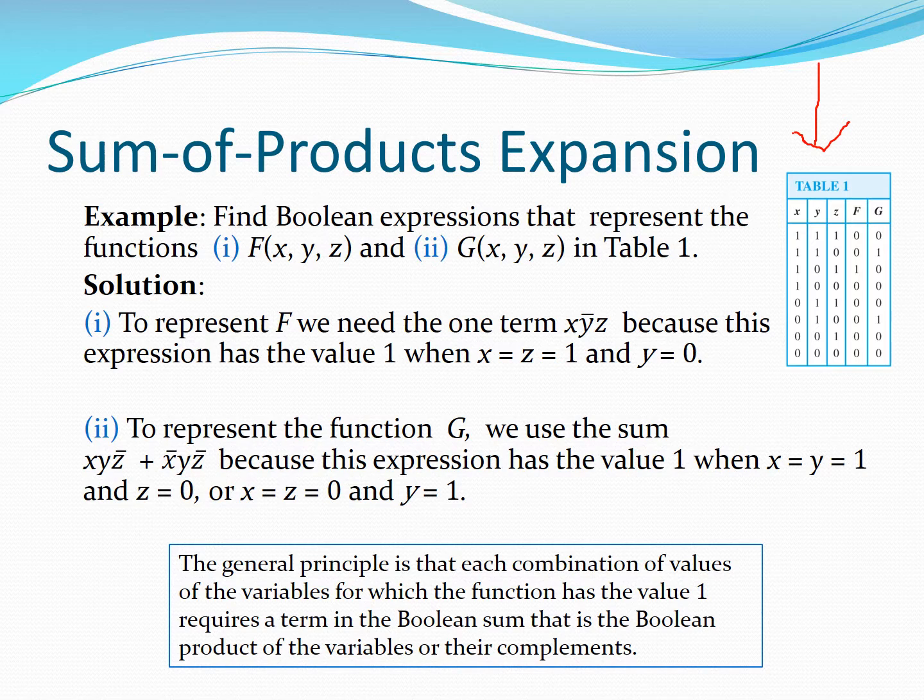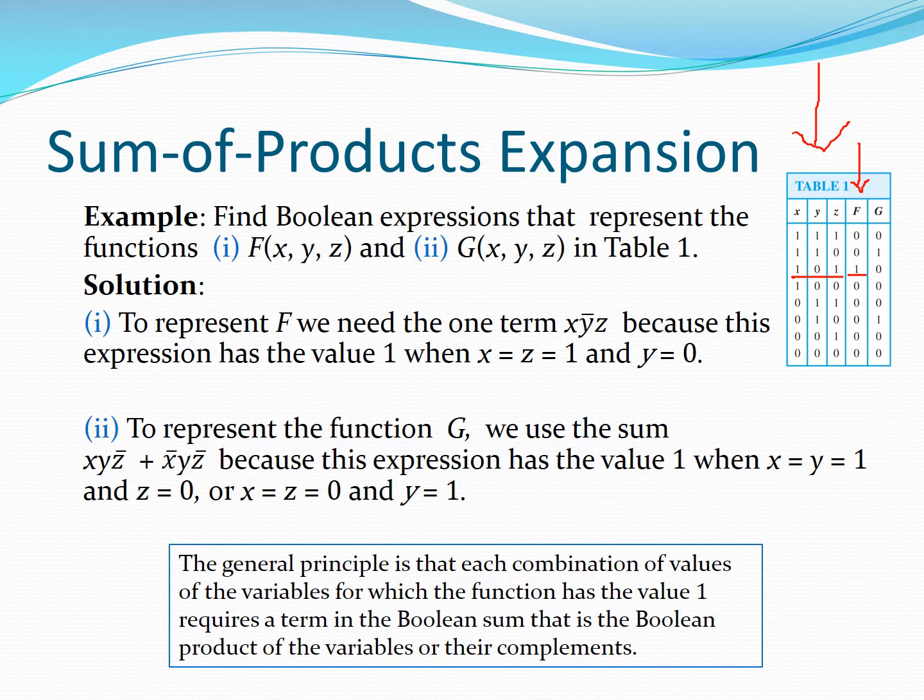In order to represent the function f using the sum of products expansion, we'll have to go through the column of f and see where 1 appears in the column. So we see a 1 right there, and there is no more 1 in the column of f. So there is only going to be one term in the sum of products expansion that represents the function f. Now we are going to look at what x, y, and z for that corresponding row are.